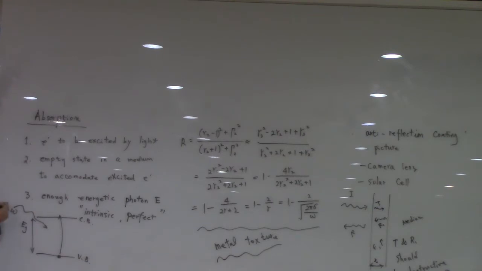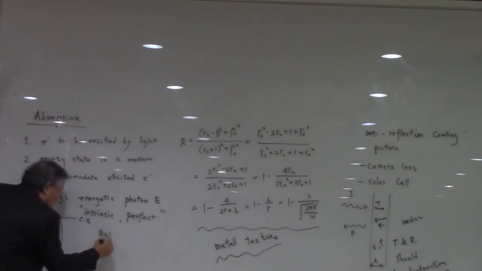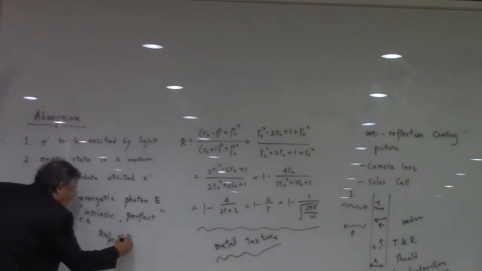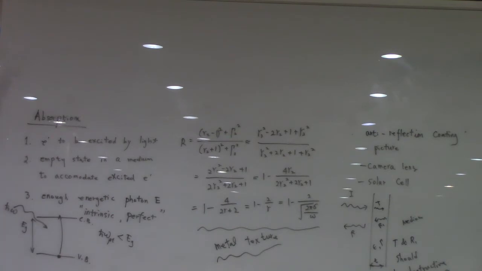If the photon energy h bar omega is less than the band gap, then the electron is not going to be excited to the conduction band, and the light is not going to be absorbed. If it is not absorbed, then we say that it is transparent.